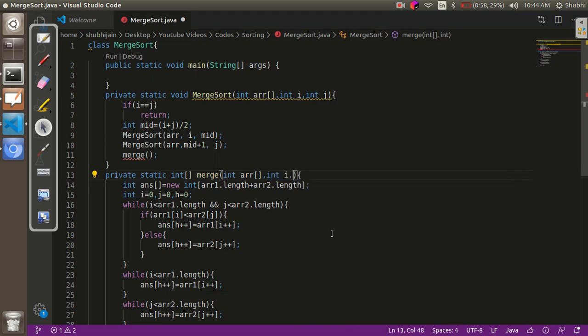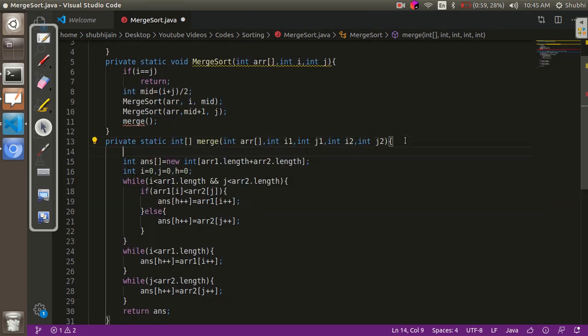So int i1, comma int j1, comma int i2, comma int j2. So i1 and j1 are the indexes of the first array, and i2 and j2 are the starting and ending point of the second array.